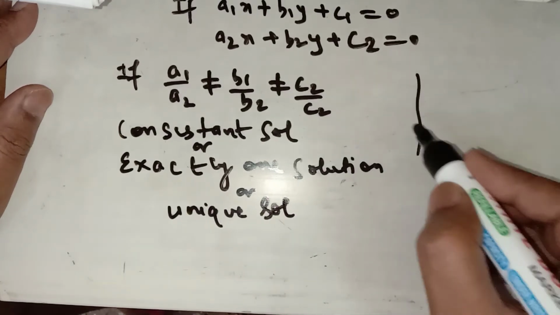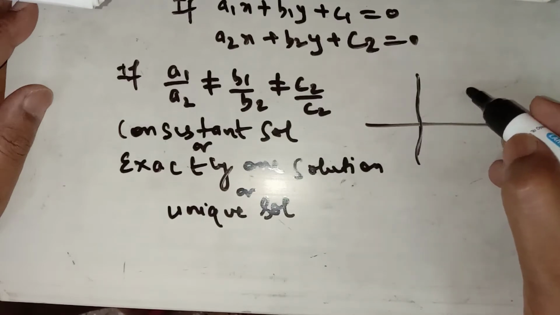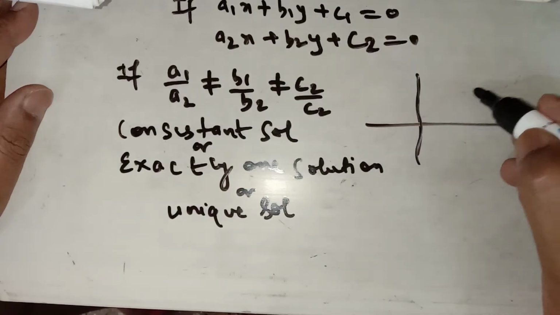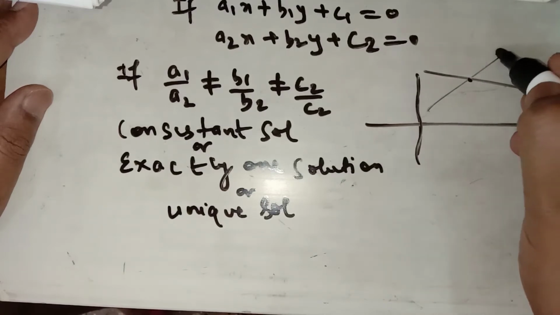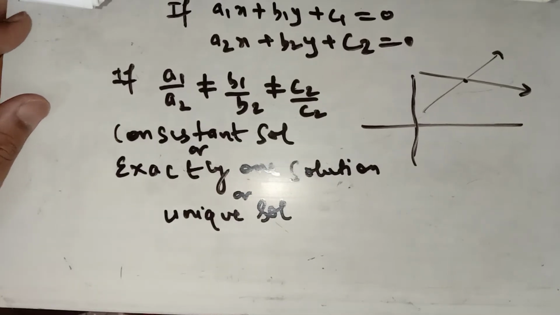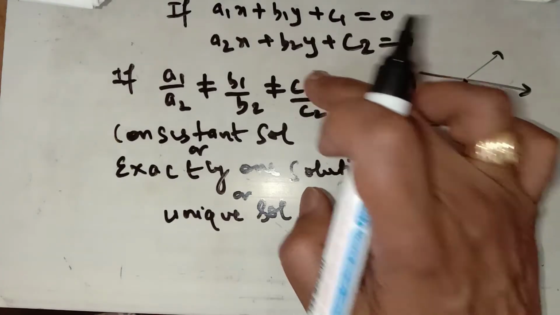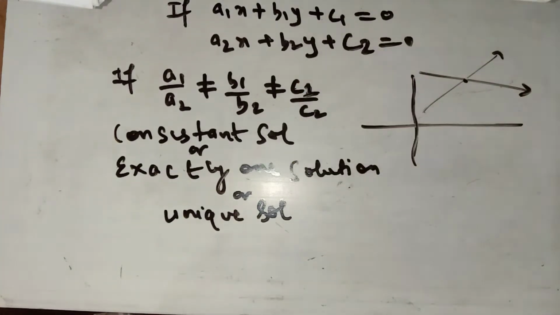It means if we draw the graph of the equations where a1 upon a2 is not equal to b1 upon b2 is not equal to c1 upon c2, we'll get a consistent solution, that is, the two lines will intersect at a point.